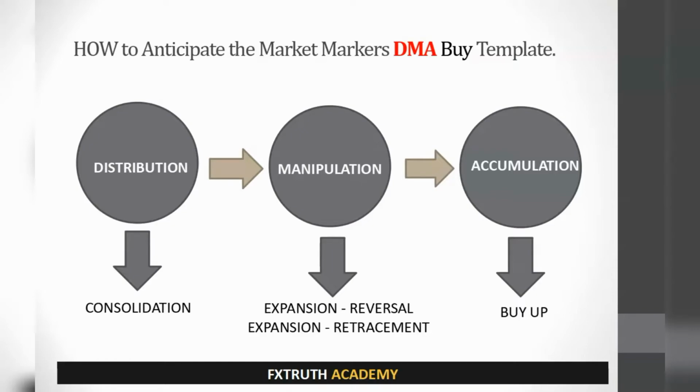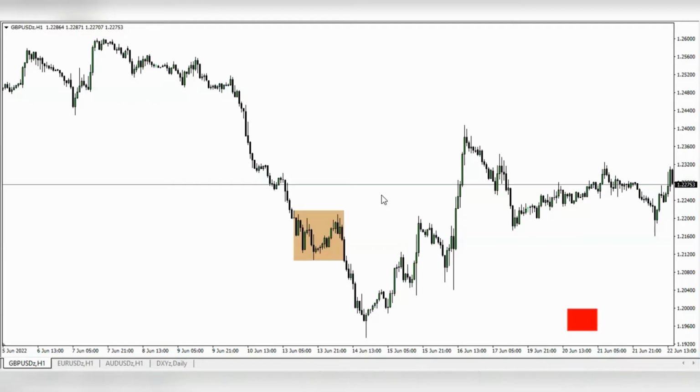I know some of you are like, okay, just give us examples and we'll get this. So let's just get straight into an example on the chart. Right here on the GBP USD, the hourly chart, you can see this shaded area that I outlined. So let's look at it.